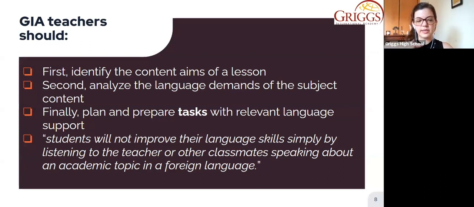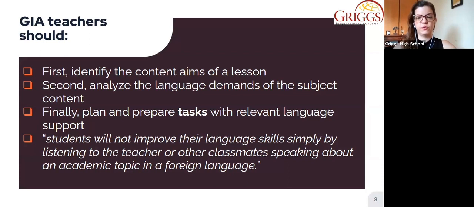Then we go to the second step. Okay, however, I'm gonna teach them all of this in English. English is not their first language. They don't know lots of vocabulary that they're gonna need in order to understand, learn, and perform. And also, they need to improve their language in terms of production.